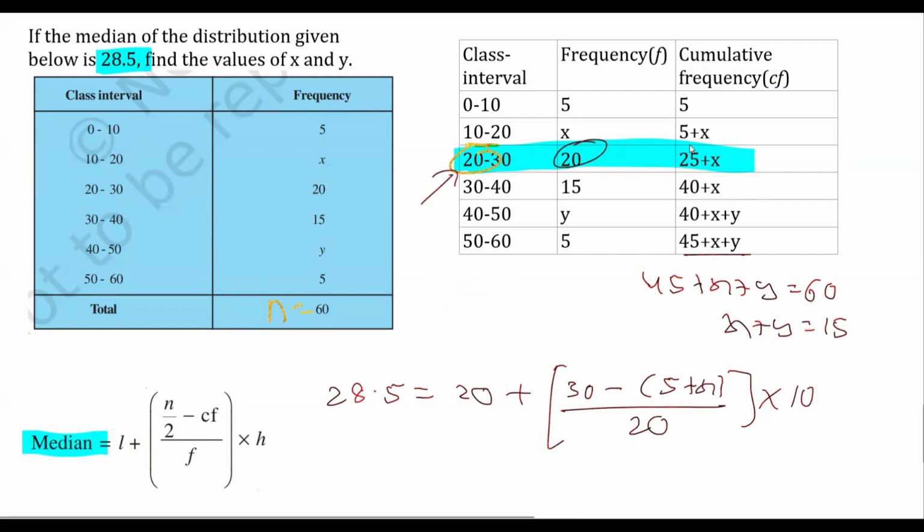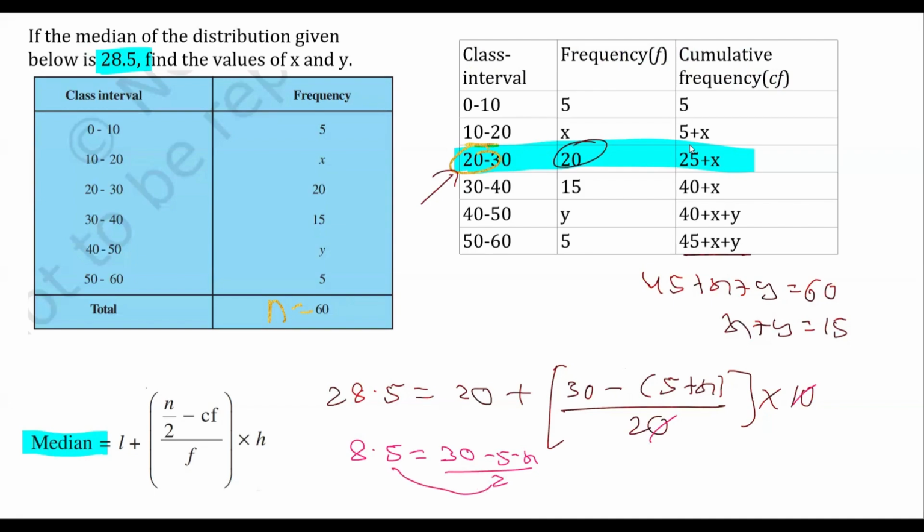Now I can see that I can reduce this first, and I'm going to transpose this to the left-hand side. If I subtract 20 from this, we'll get 8.5, and that is equal to 30 minus 5 minus x, that divided by 2.